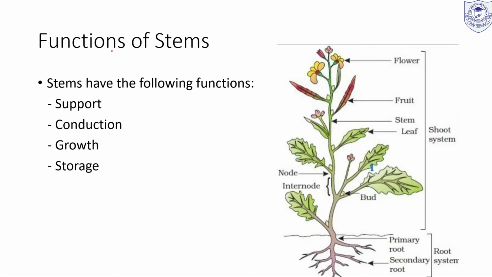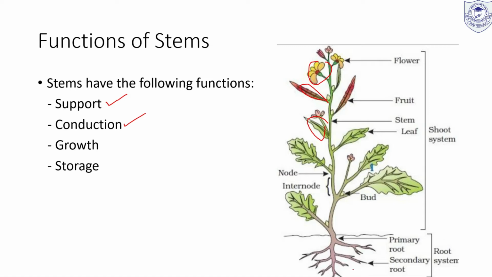Now let us see the functions of a stem. Stem has the following functions. Number one, support. We know that the stem supports the flowers, the fruits, the leaves, right? And the second function is conduction. That means it helps in the conduction or transportation of water and food, okay?